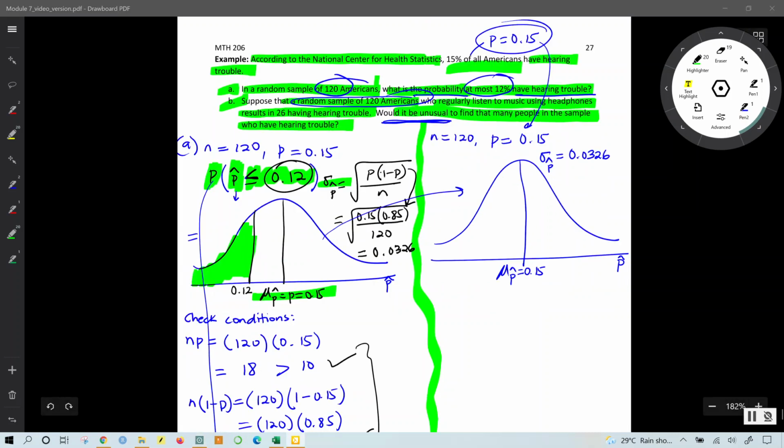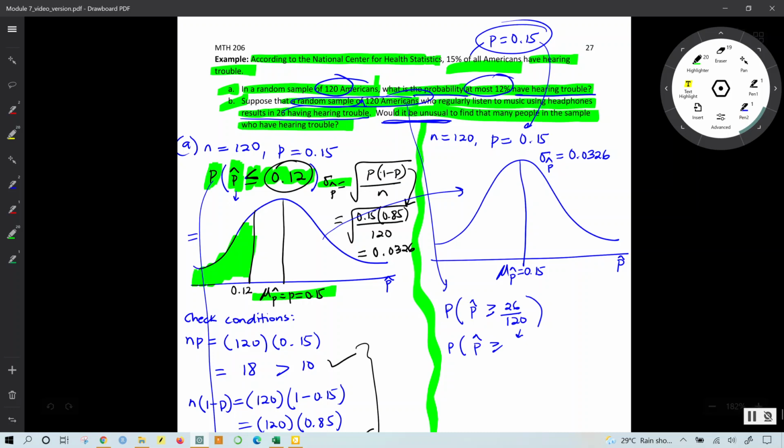Now at this point, we would like to know if we observe 26 out of 120 who are having hearing problems, is it an unusual event? What we need to do in this case is to compute the probability that p-hat is at least 26 out of 120. In other words, this is the probability of the sample proportion greater than or equal to 26 divided by 120, which is approximately 0.217.